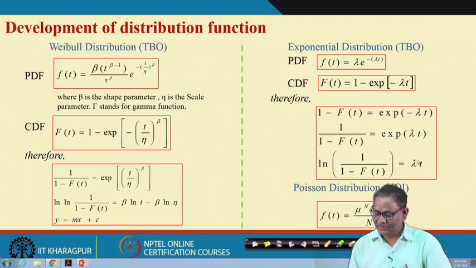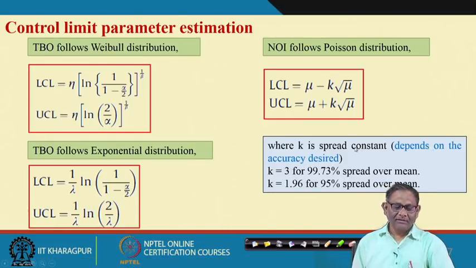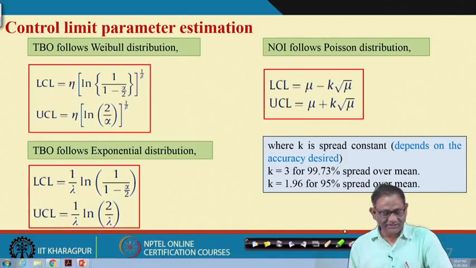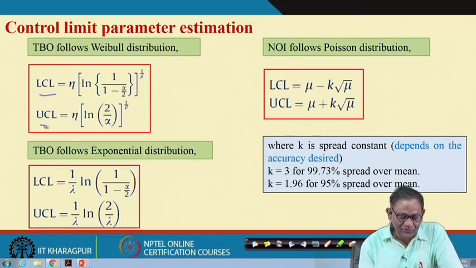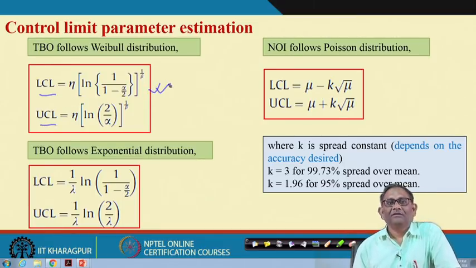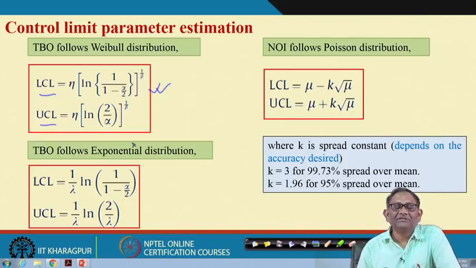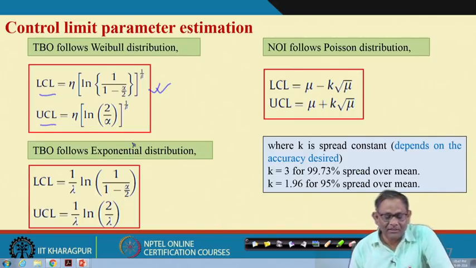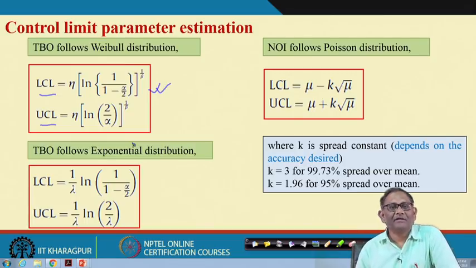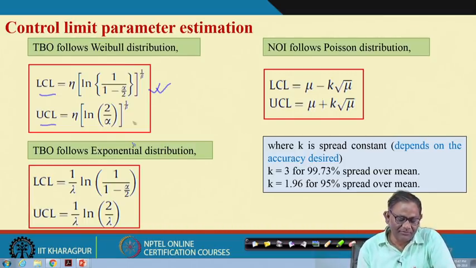Okay. So, then these LCL and UCL values are obtained. I am not going into the mathematics of this because it is complicated, but there are papers available from where you can find out this LCL and UCL. If it is a Weibull distribution, then eta log 1 by 1 minus alpha by 2, to the power 1 by beta.